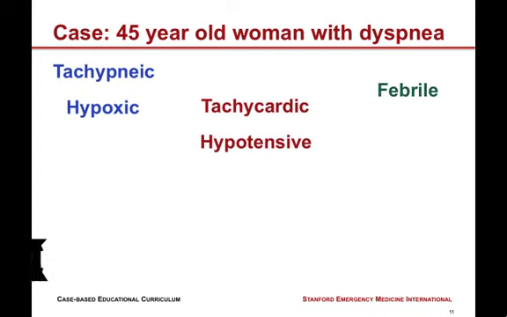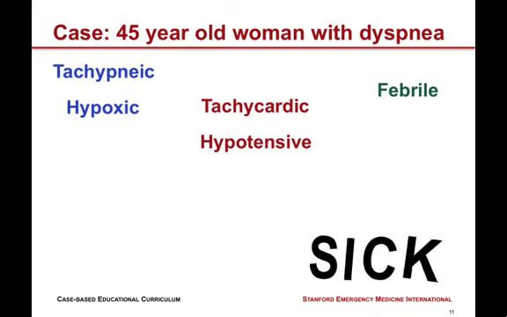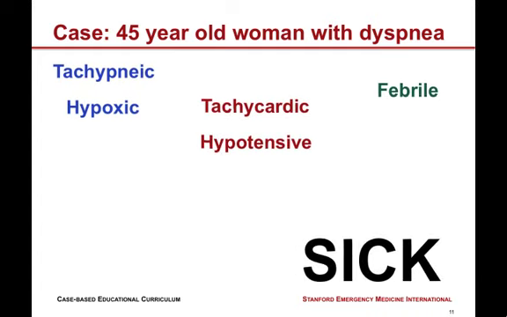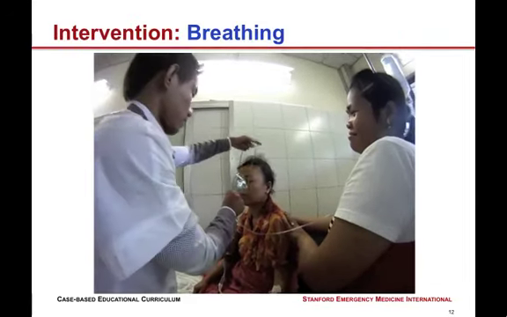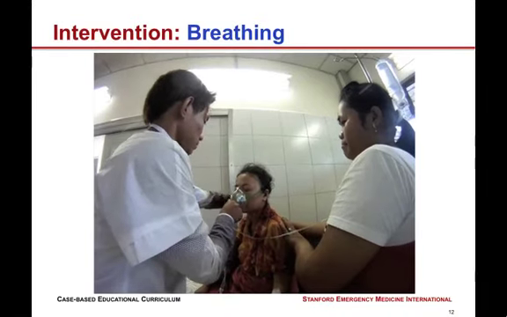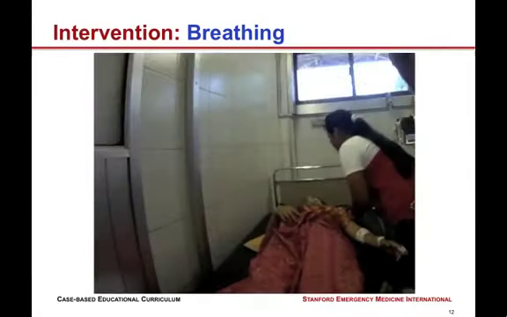What this means is that the patient is very sick and will require rapid assessment, rapid care, and then reassessment and retreatment. For the tachypnea and the hypoxia, the patient needs oxygen immediately. A face mask is most appropriate in these cases of severe hypoxia.